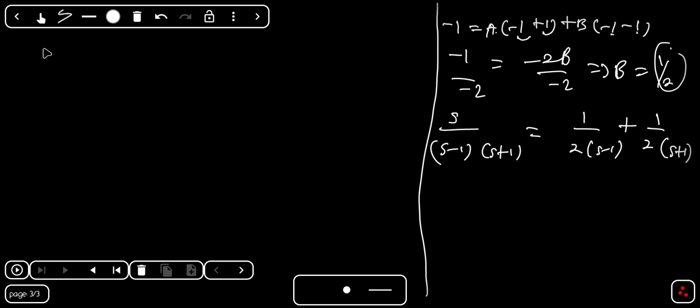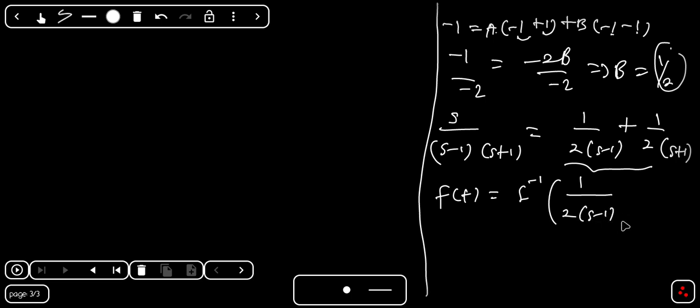So don't forget, f of t will now be equal to the inverse Laplace of this split fraction. Let me write it here first. So f of t will be equal to the inverse Laplace of 1 over 2 into bracket s minus 1 plus 1 over 2 into bracket s plus 1.